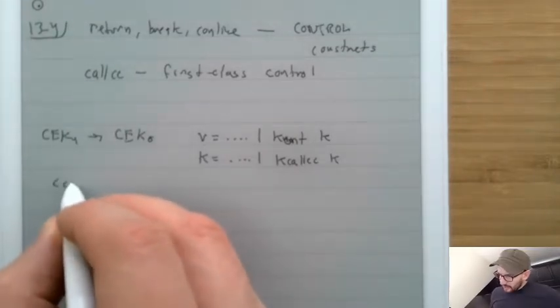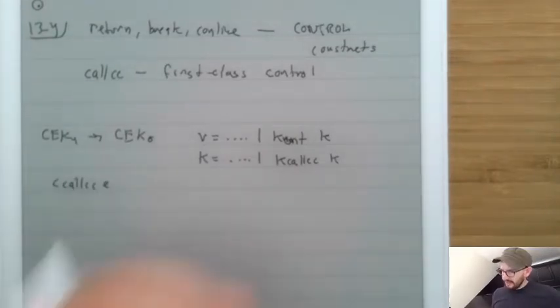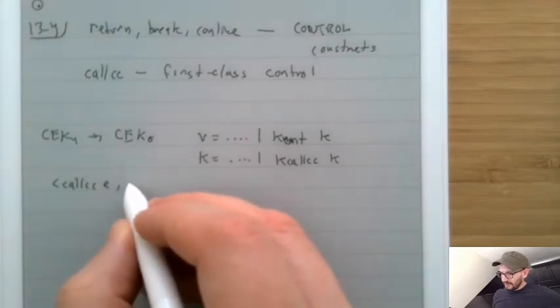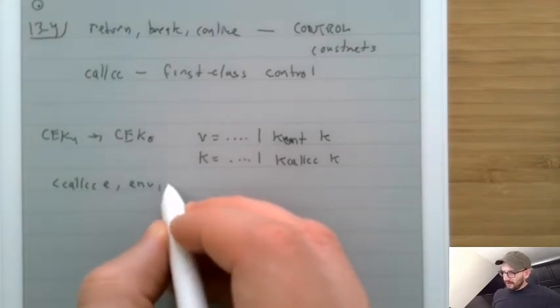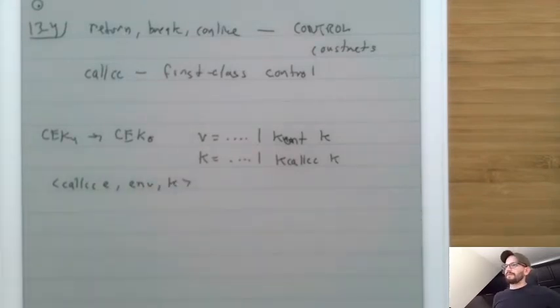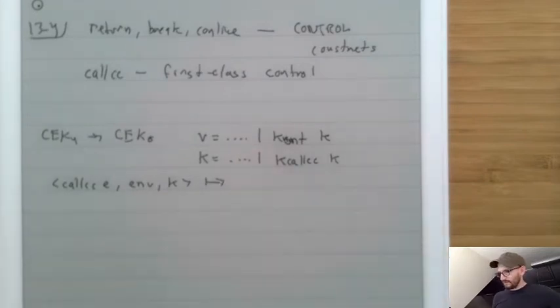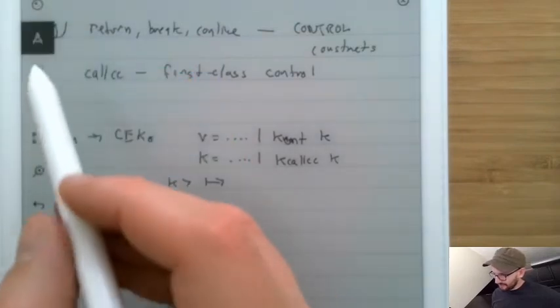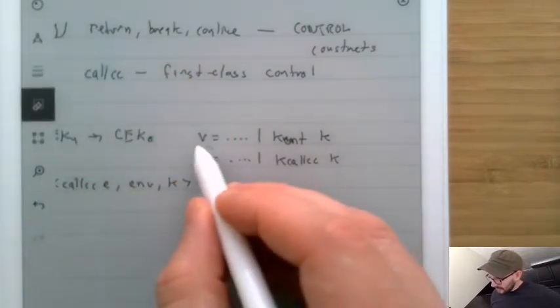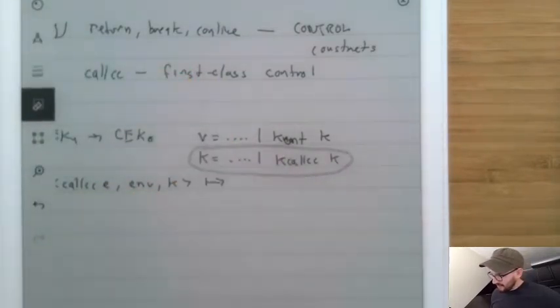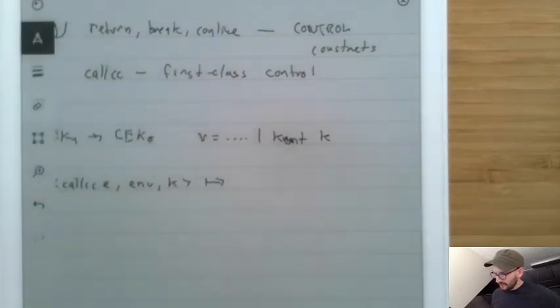When you do a call CC of E, we then have an environment and a continuation K. Okay, I think it'd actually be more beautiful to not have this thing right here. We just have a new continuation object.